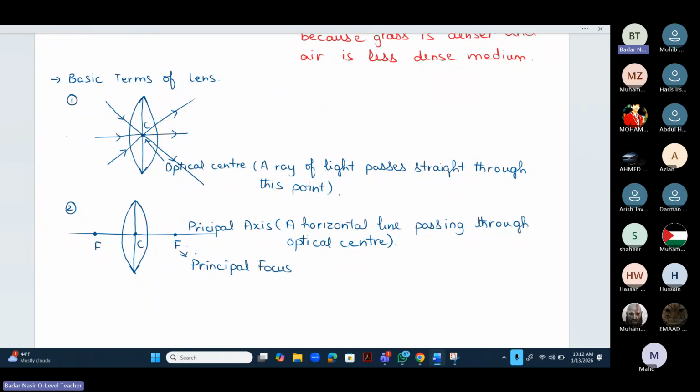If a ray of light which is parallel to your principal axis is incident on the lens, it will pass through the principal focus.